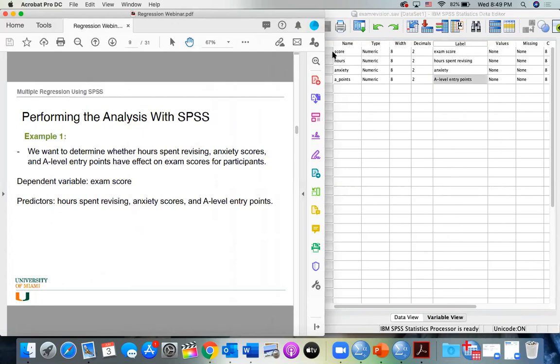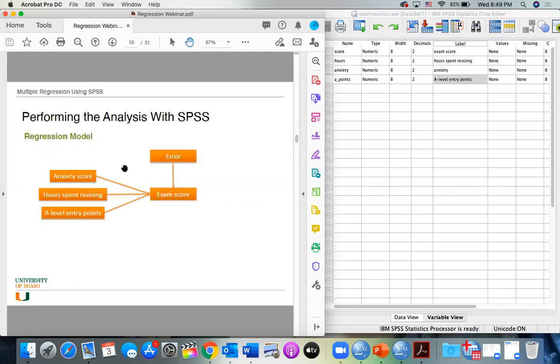Our dependent variable here will be the exam scores, and all others will be predictors or independent variables. If we want to draw this as a regression model, our dependent variable, exam score, is affected by anxiety scores, hours spent revising, and A-level entry points. And remember that there is always an error term.